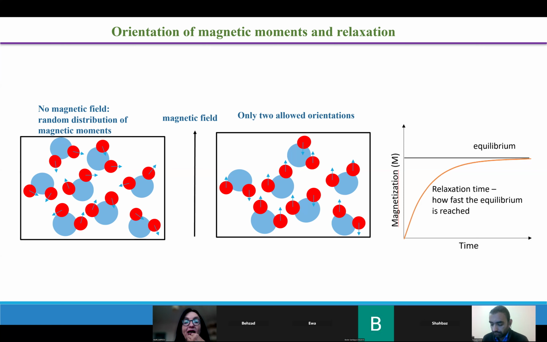However, when you apply an external magnetic field, and this is what we do in our experiments, then there are only two possible orientations, parallel and anti-parallel to the magnetic field. You can again ask why. Again, I do not know.